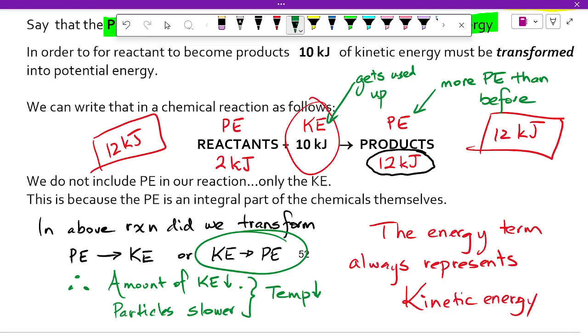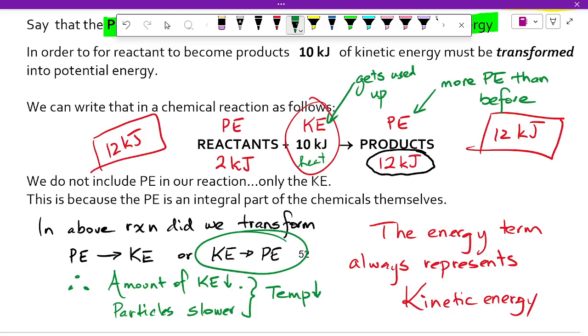Okay? Now, people sometimes get confused because sometimes we call this the heat term. And they're like, oh, you added heat, it must have gotten hotter. But that's not what the reaction actually says. It actually says we took 10 kilojoules of heat and we turned it into potential energy.